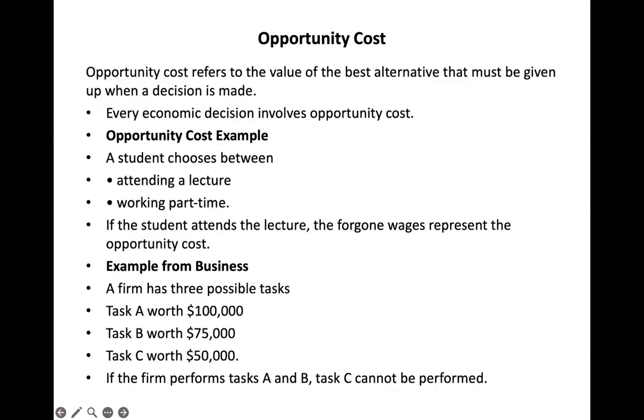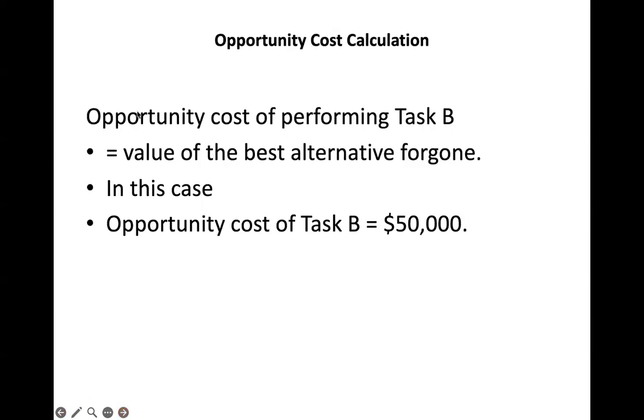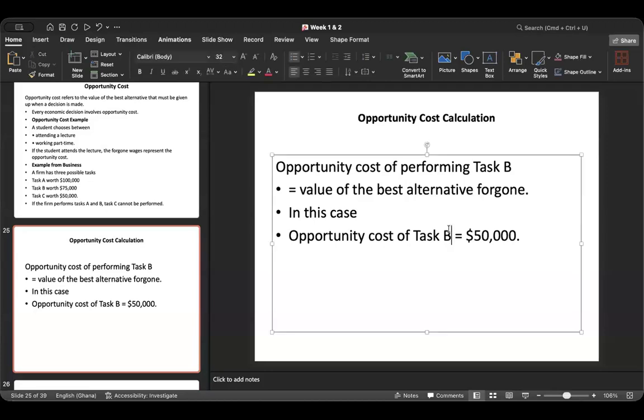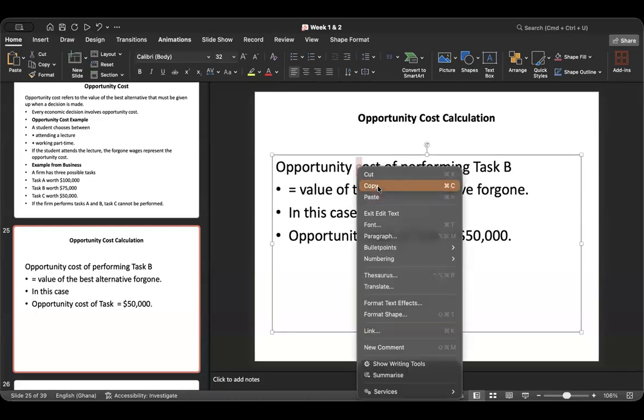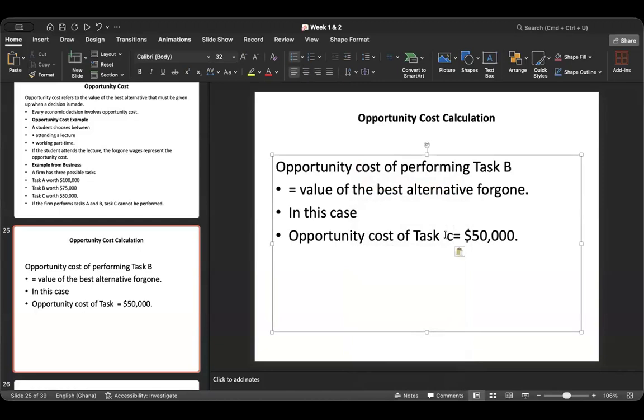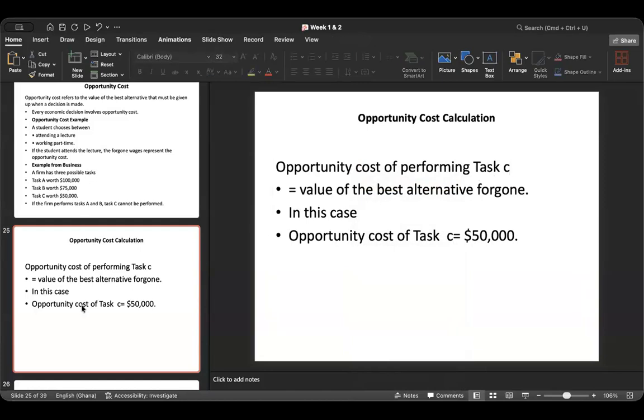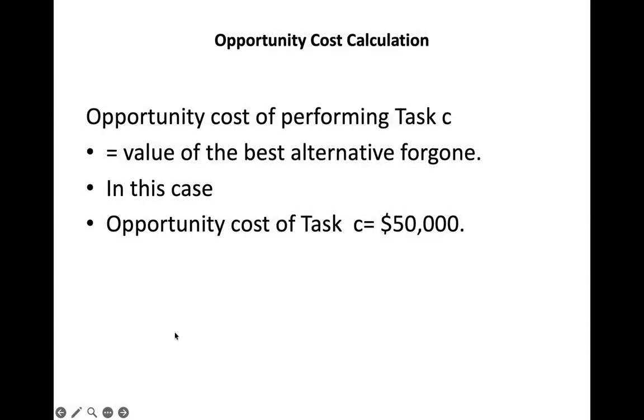It is C, not B. So the opportunity cost for performing A and B is the best value alternative forgone. In this case, the opportunity cost is the 50,000. Hope it's clear. Yes, sir.